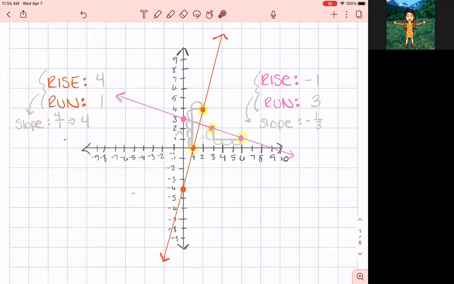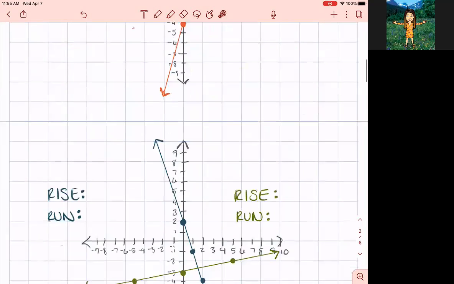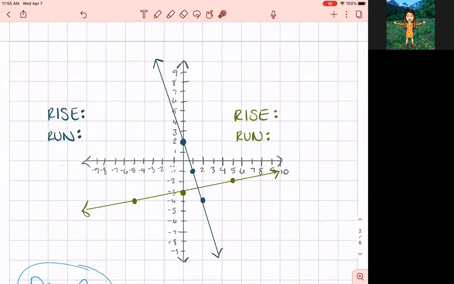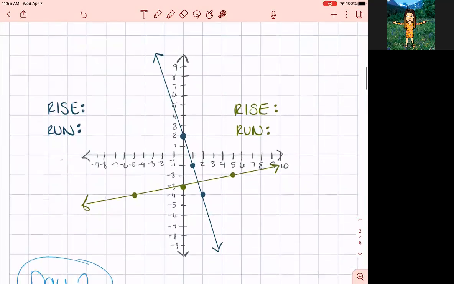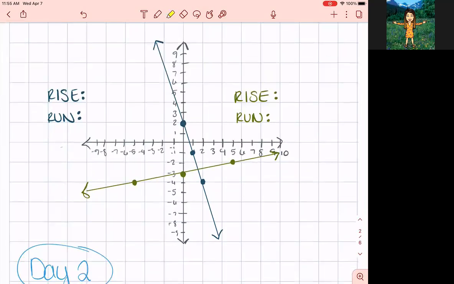So now we'll have you try 2 on your own. So stay on this same side of the page if you can, and copy these lines down, and then try and do that blue one on your own. So you could have picked whatever dots you wanted for the blue one. Go ahead and pick these two.